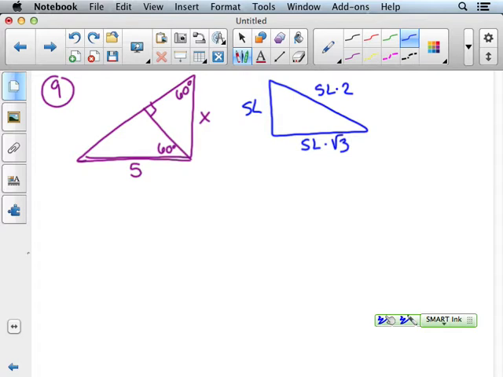So I know that 5 equals the short leg times 2 because 5 is the hypotenuse. If I divide by 2, I get that the short leg equals 2.5. So that means this right here is 2.5.